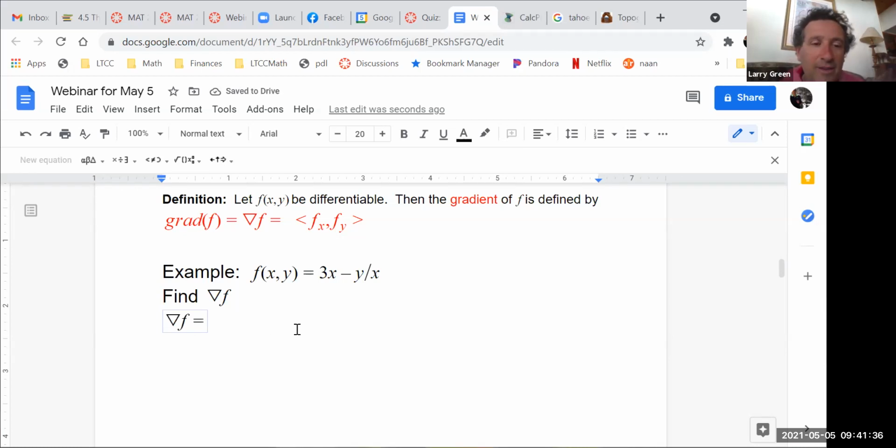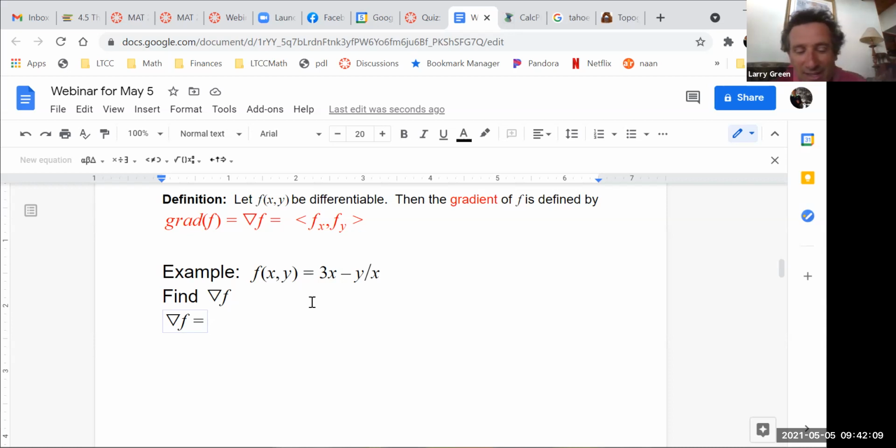Let's see if you can find the gradient of f. And hopefully you can all get it. We have one person put it in. Okay, all right, good. We're seeing the same.